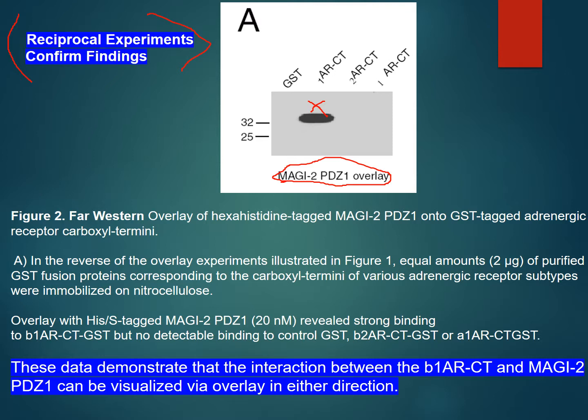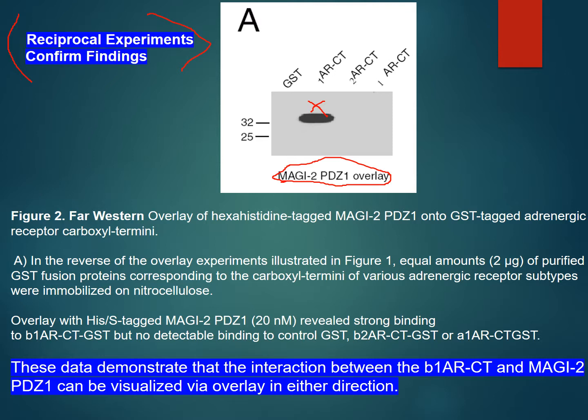So the interaction between B1 and MAGI2, this domain, can be visualized in either direction or either reciprocal experiment. If you didn't see this, that would be very concerning, that something was wrong, and you would have to redo it until you were sure about what you had found.